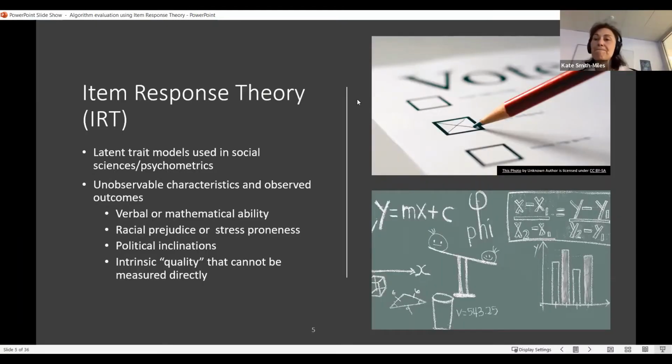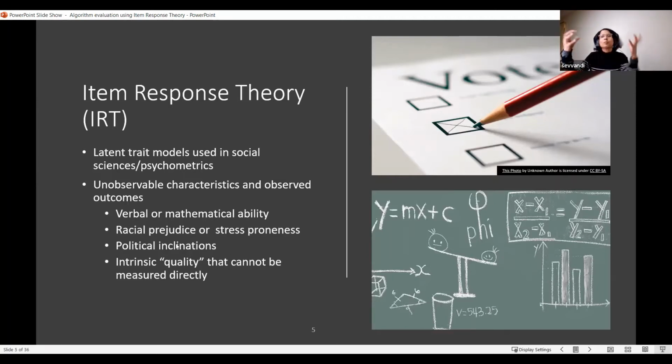So item response theory is a collection of models used in social sciences and psychometrics. The idea is that there is an unobservable characteristic, and you have observed outcomes. Say, for example, racial prejudice or stress proneness or political inclinations.